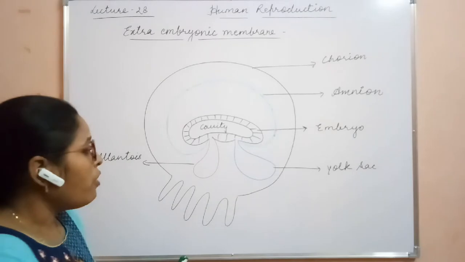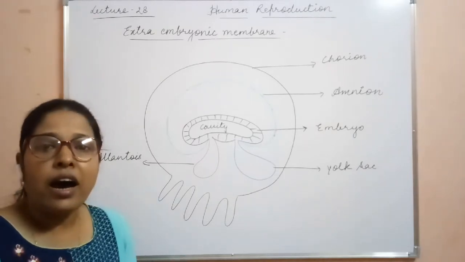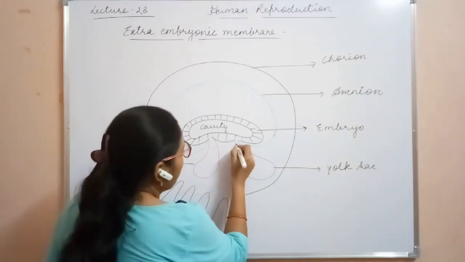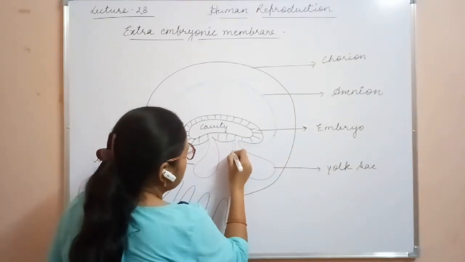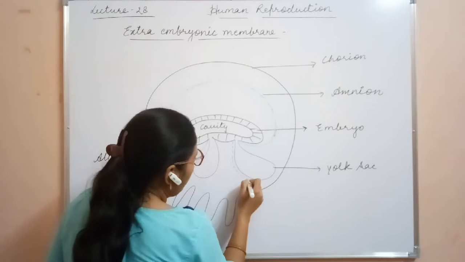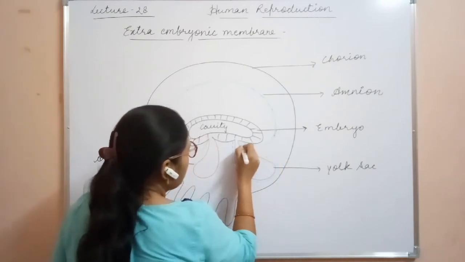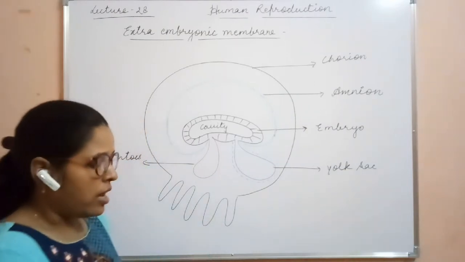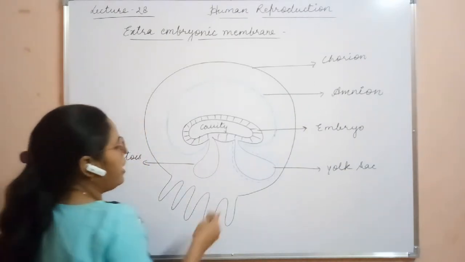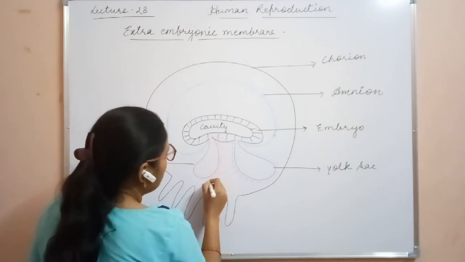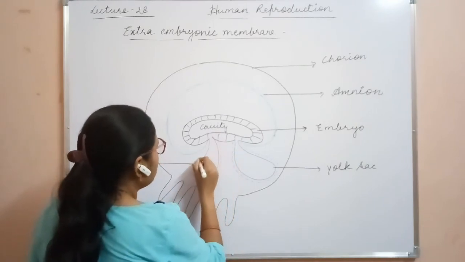Here all of the four membranes are made up of two membranes. One membrane is also present outside of this yolk sac, one outer and the second one inner. Same, one outer membrane is also present in case of allantois.